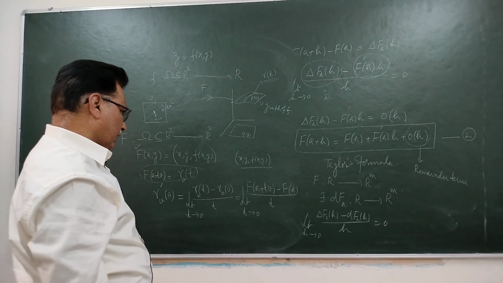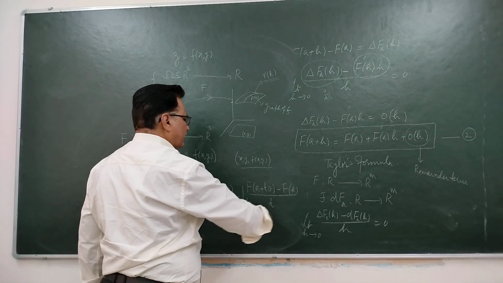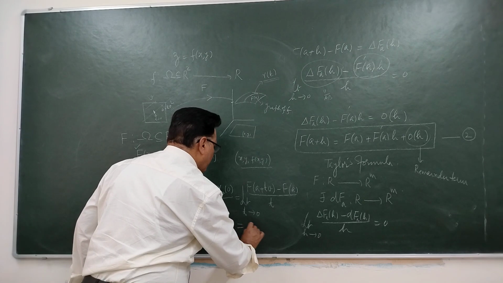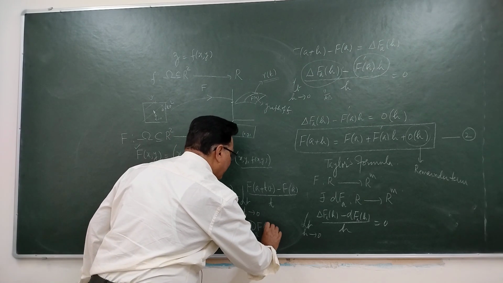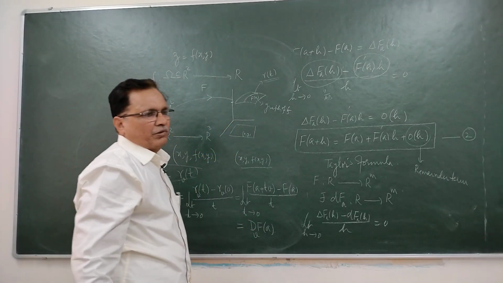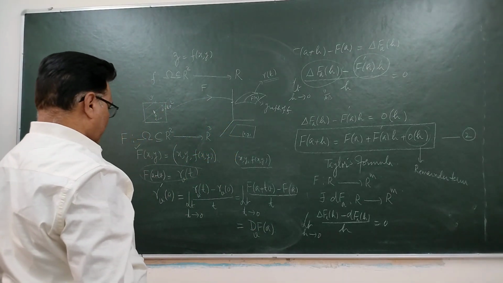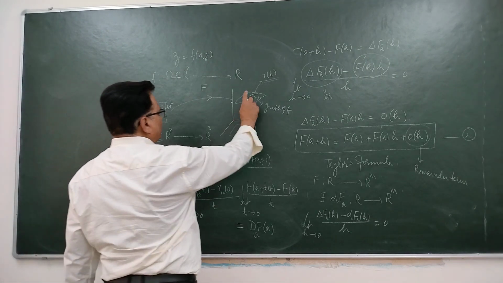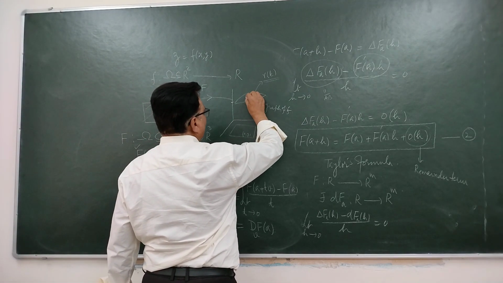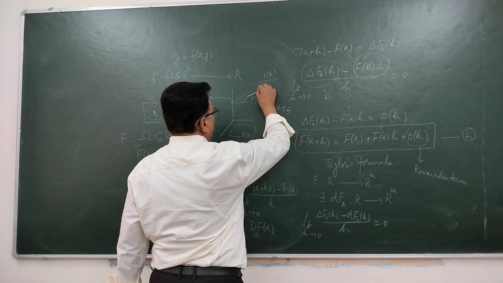You can recognize this expression on the right hand side. Everybody knows that this is nothing but the directional derivative of f evaluated at the point a. So this is remarkable: the derivative of this curve gamma is nothing but the tangent vector of this curve gamma.